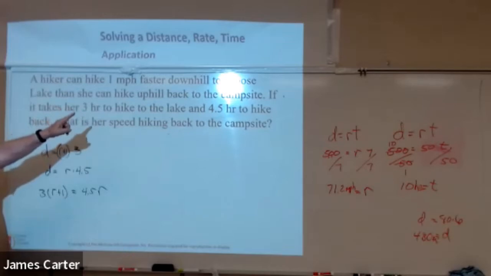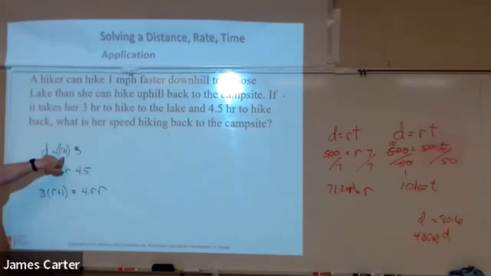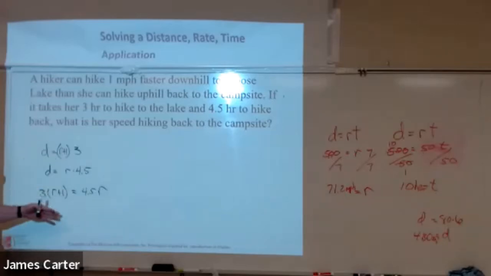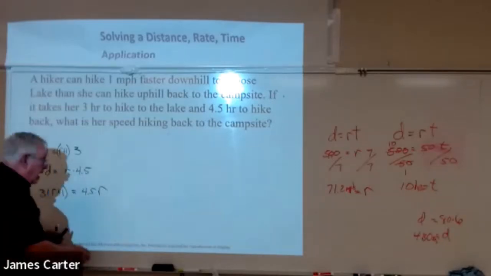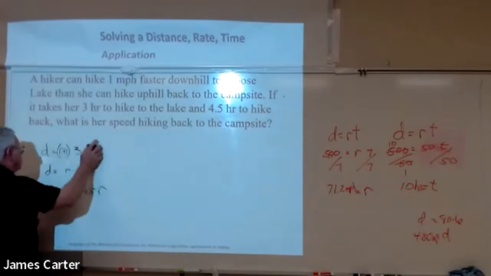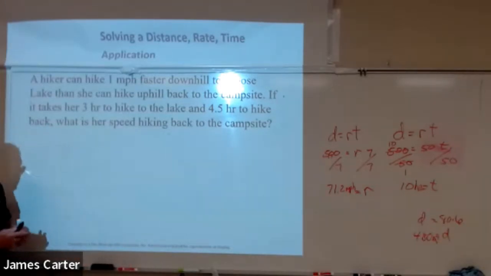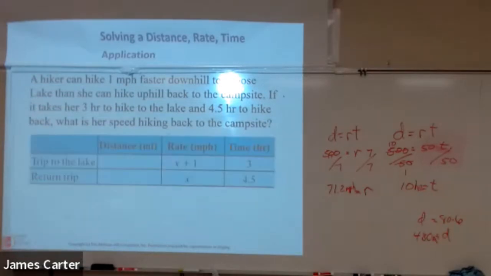They did tell us something about the speed downhill. It was 1 mile an hour faster. Okay, so that goes back to those rules that I was telling you before about how you structure your problem, and then you go ahead and solve it. Now, I'm giving you this fundamental right here. I'm going to erase it and just show you their solution, which includes everything that I've put up here. And we'll just go that way.